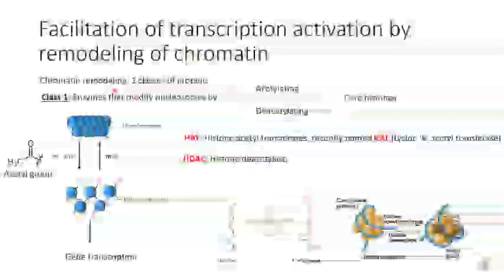In order to remodel the chromatin, we need two classes of proteins. رح نحكي عن أول class بهيدا slide وبنرجع later بنشوف class 2. The first class of protein involves enzymes that modify the nucleosome by either acetylating or deacetylating the core histones.